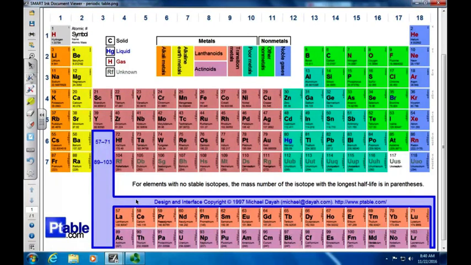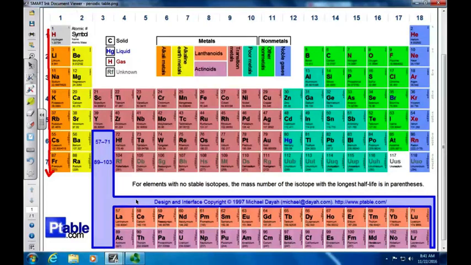So the way the trend on the periodic table works is that atomic radius is going to go down the periodic table. If you note on the side here, I'm drawing a little arrow. So francium would be larger than cesium, which would be larger than rubidium, which would be larger than potassium, and so on.